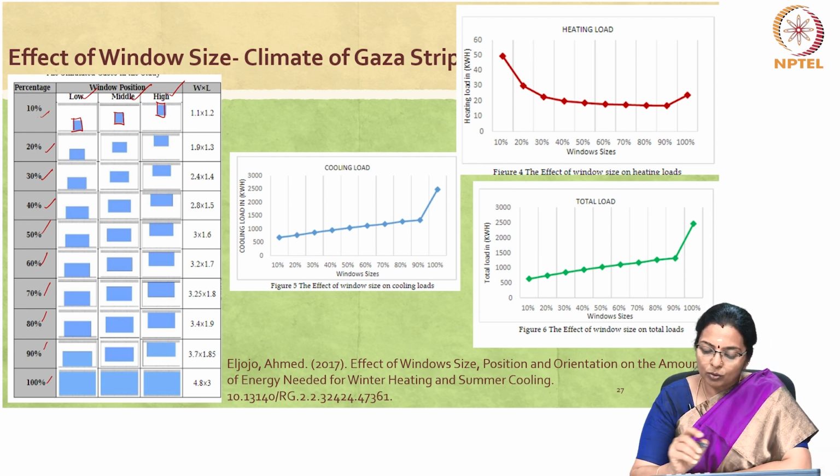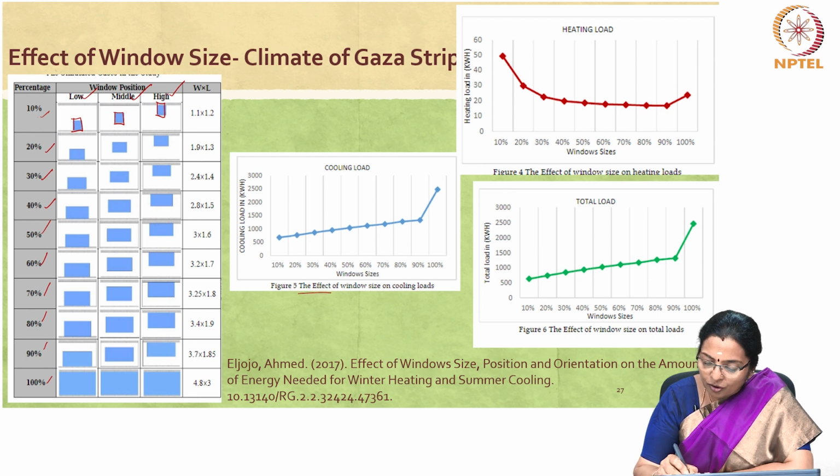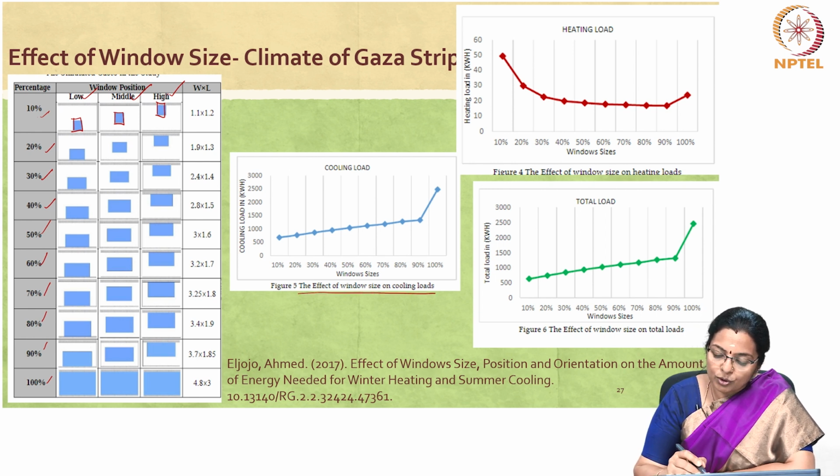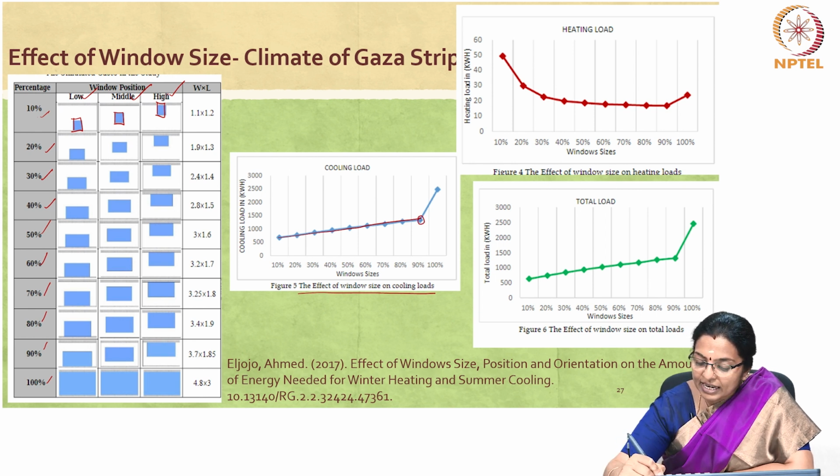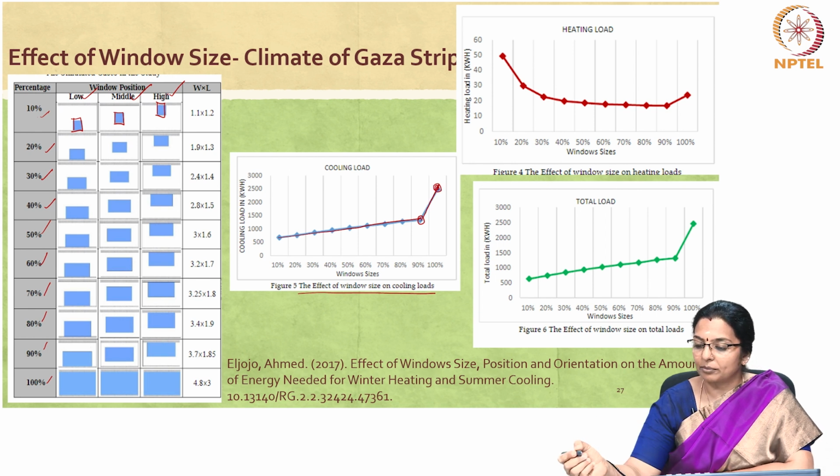Now, you can see the effect of window size on the cooling load. As the window size increased, the cooling load increased up to 90%, but there is an exponential rise when the window size is 100%.